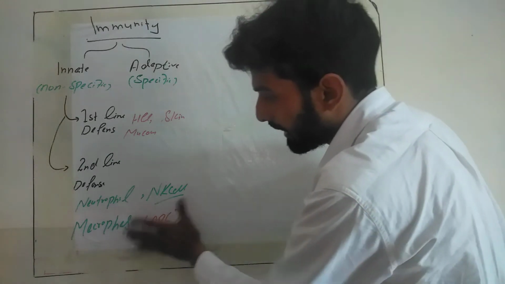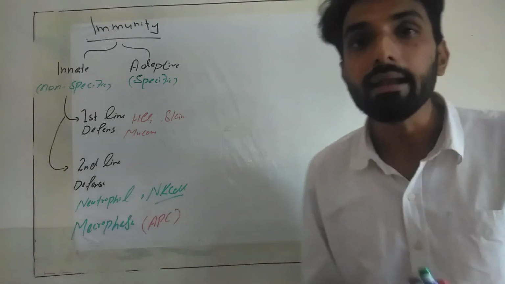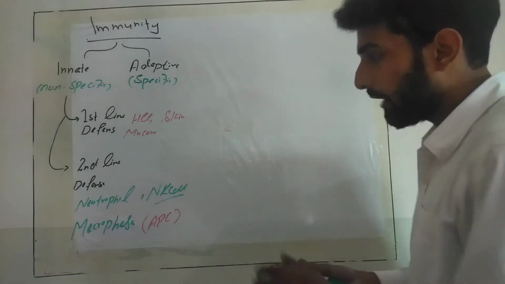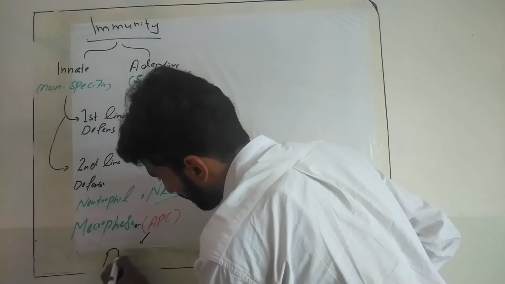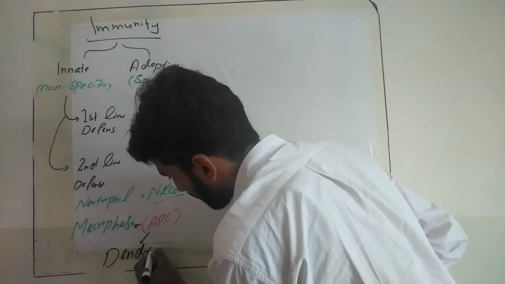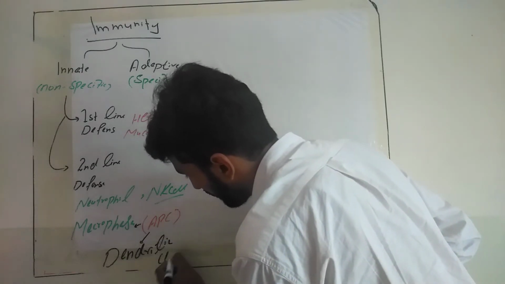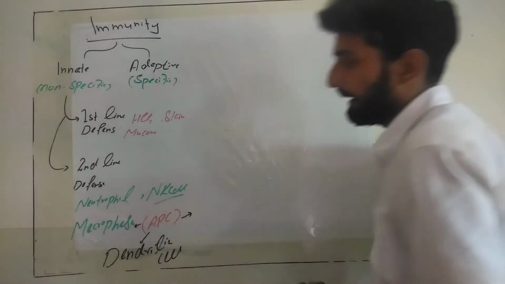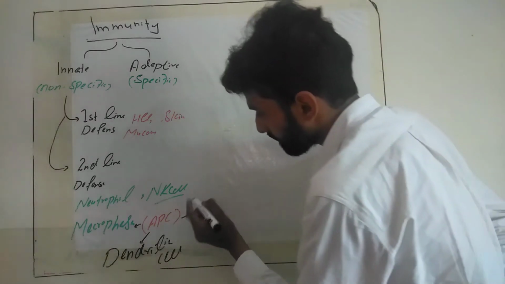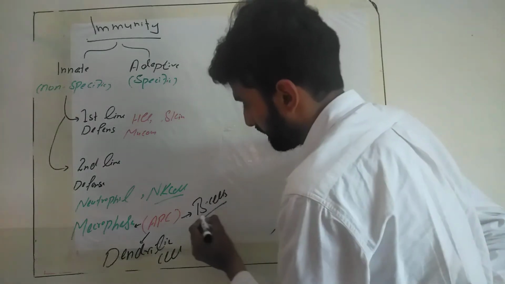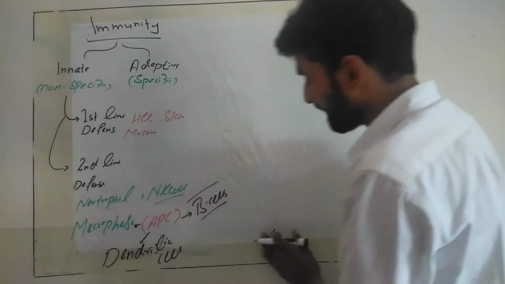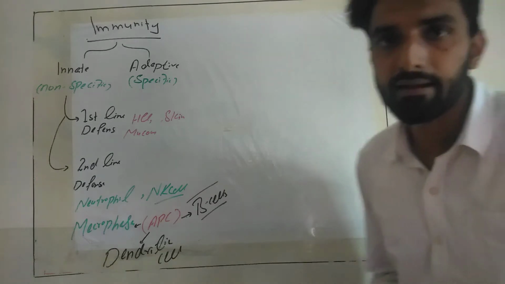So what are APCs? APCs are the antigen presenting cells, and not only macrophages, but also dendritic cells, and the third one is B cells, B lymphocytes. These three are basically APCs, antigen presenting cells.